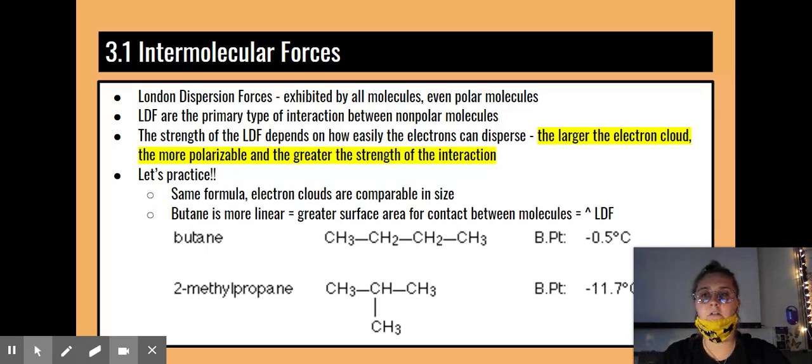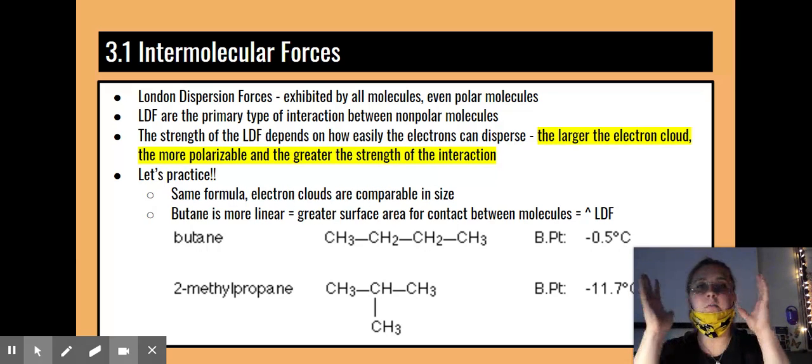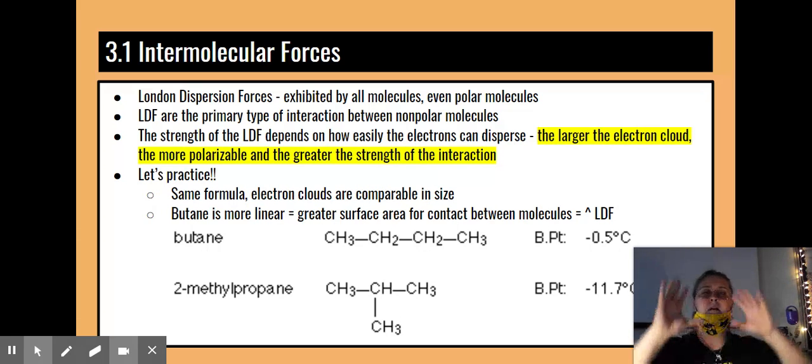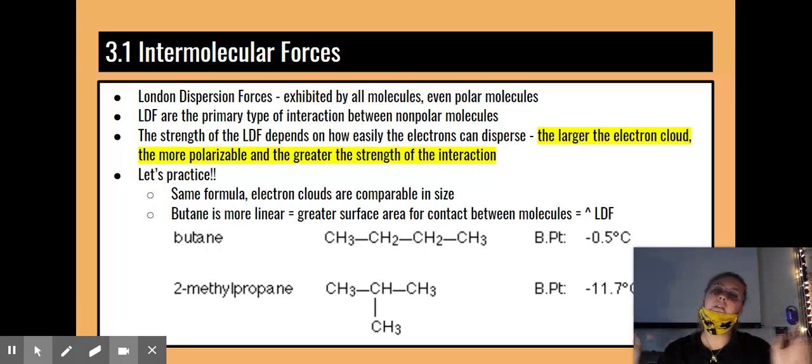So the larger the cloud, the more polarizable and the greater the strength. So think about it. If your molecule is huge, there's a lot more space for those electrons to move around and to bounce around and to shift. And if that's the case, the chances of them shifting to a different place and meeting up with another molecule that they have that attraction and repulsion towards is a lot greater if your molecule is larger.